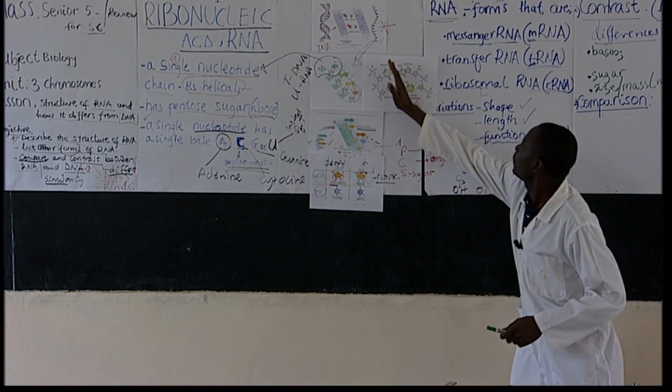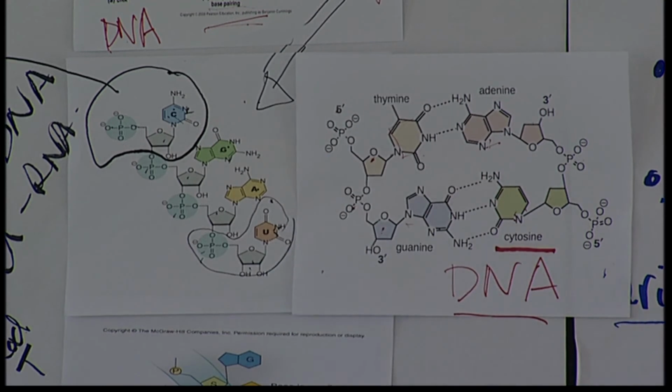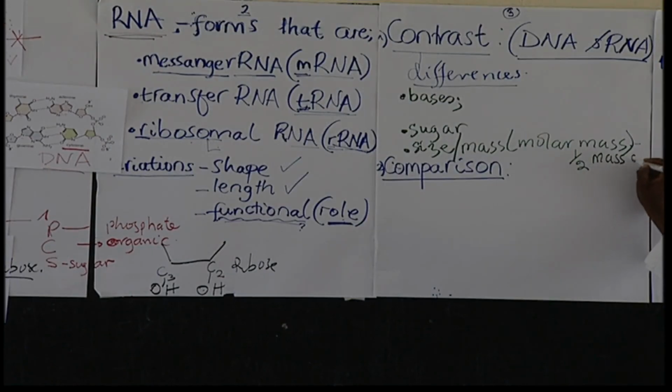If I made this a single strand, then it means that one component would be half the amount. So if I'm talking about mass, I'm going to look at which one is half the mass of the other.